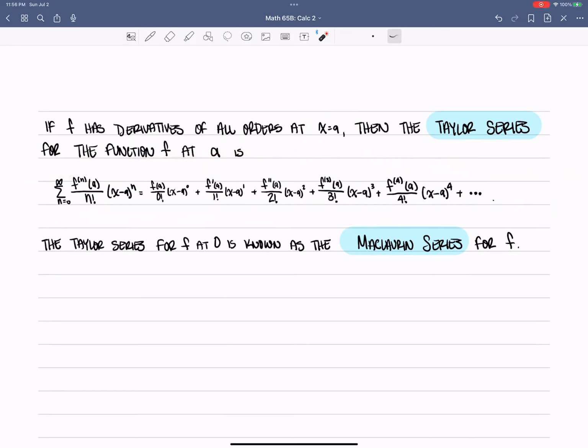So it's the sum of all of these different values, the sum of our nth derivative of f evaluated at a, with our factorial. Since n starts off at 0, our first factorial is 0 factorial, and we just keep increasing.